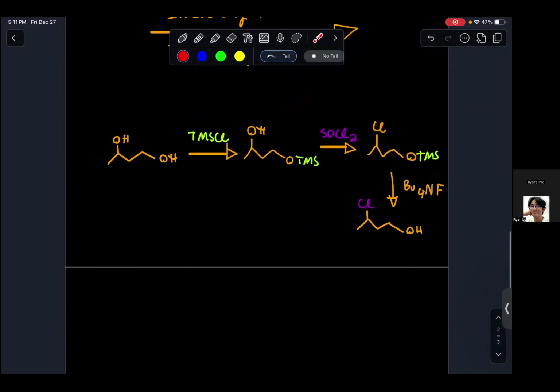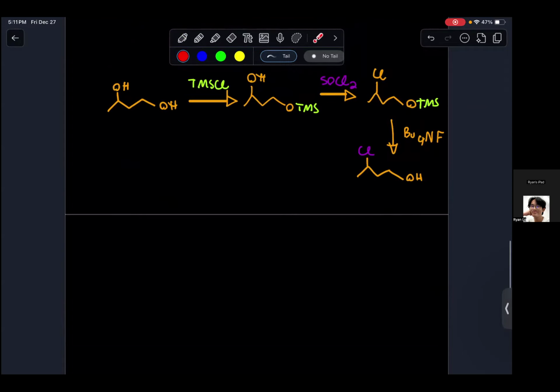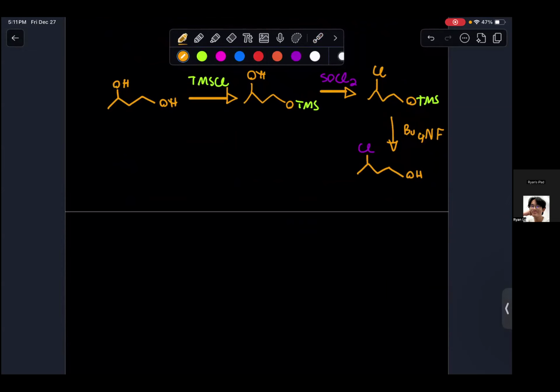And so to kind of go over the mechanism of deprotection, let me just quickly draw this down here. Let me draw a zoomed in version of it, right? So let's say, for example, I had this, just a random one that had OTMS on it. OTMS on this, right? And so let's say I wanted to deprotect this.